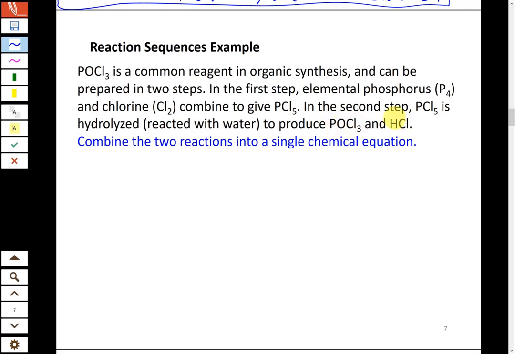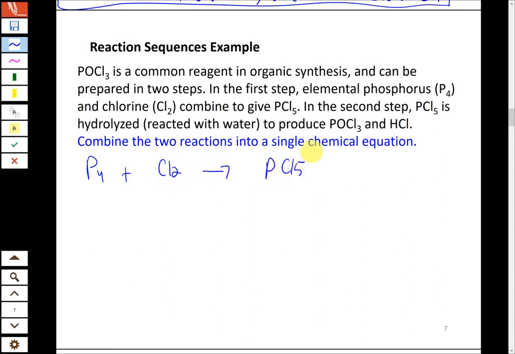So combine the 2 reactions into a single chemical equation, again, making sure that all intermediates cancel out. What we're going to do first is write out the 2 equations. Here they're not given to us directly, we have to generate them, so we just have to use the information and make sure they're all balanced. So the first equation, we take phosphorus, which is P4, and chlorine, which is Cl2, to make PCl5.